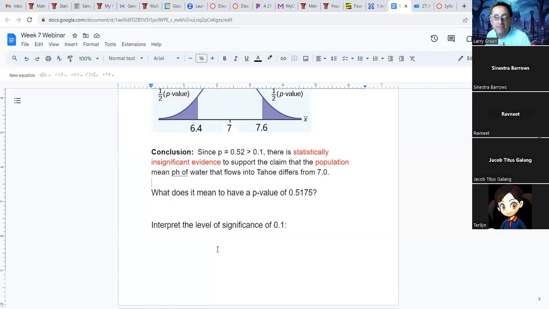So if the population mean pH of water that flows into Tahoe is 7.0, and we did another sample of 15 different creeks that flowed into Tahoe and measured their pH, there would be, and this is where things change, a 10% chance that we'd end up falsely concluding that the population mean pH of creeks that flow into Tahoe differs from 7. Any questions on this example?